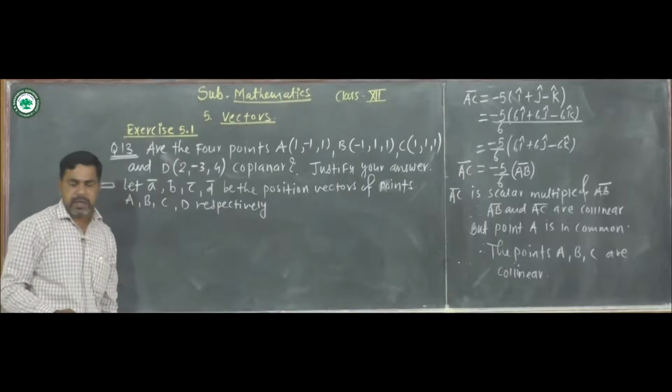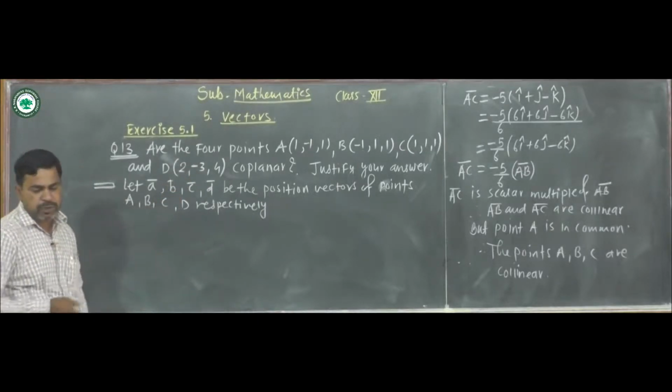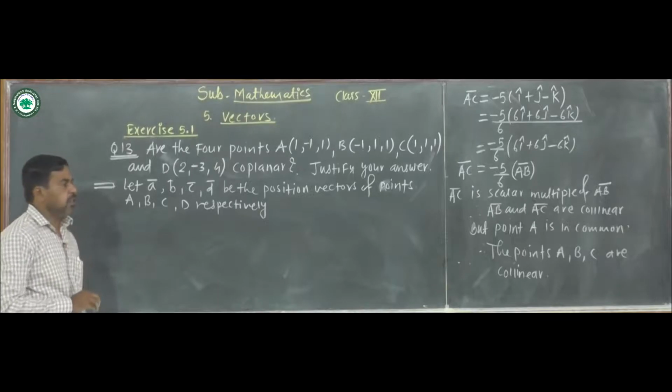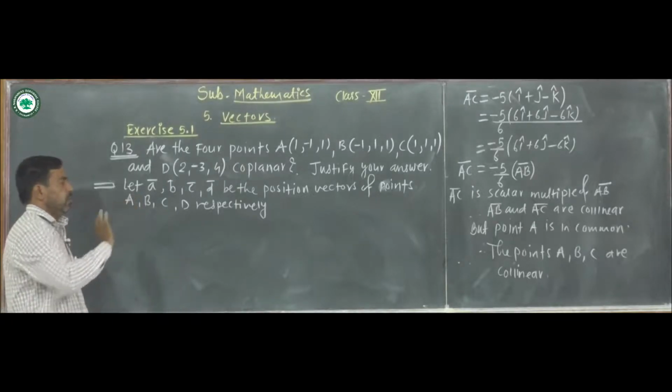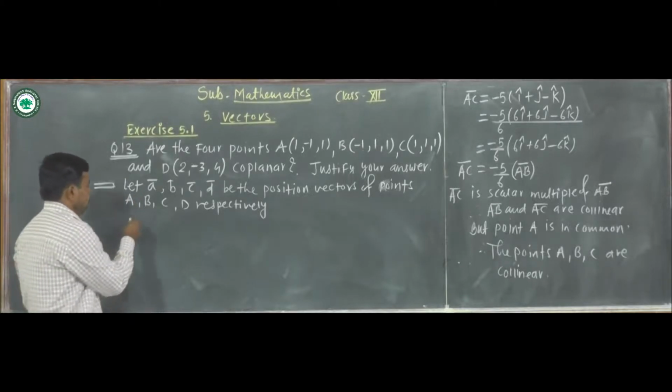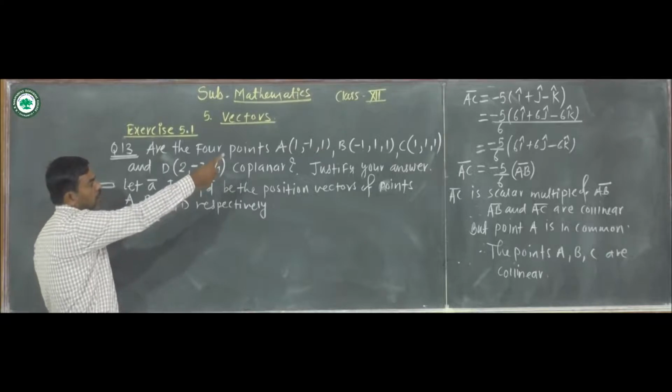Means a bar is the position vector of point A, b bar is the position vector of the point B, and so on. Now here, see, point A is 1, minus 1, 1.